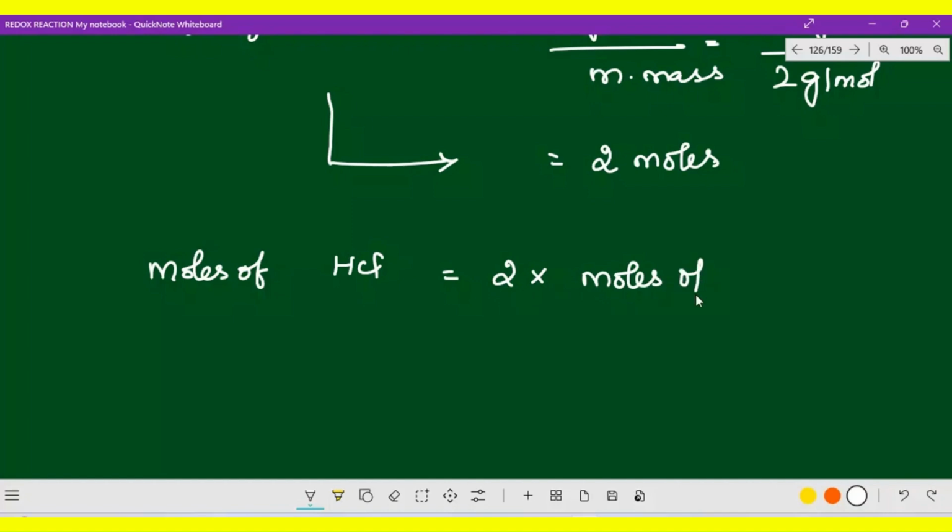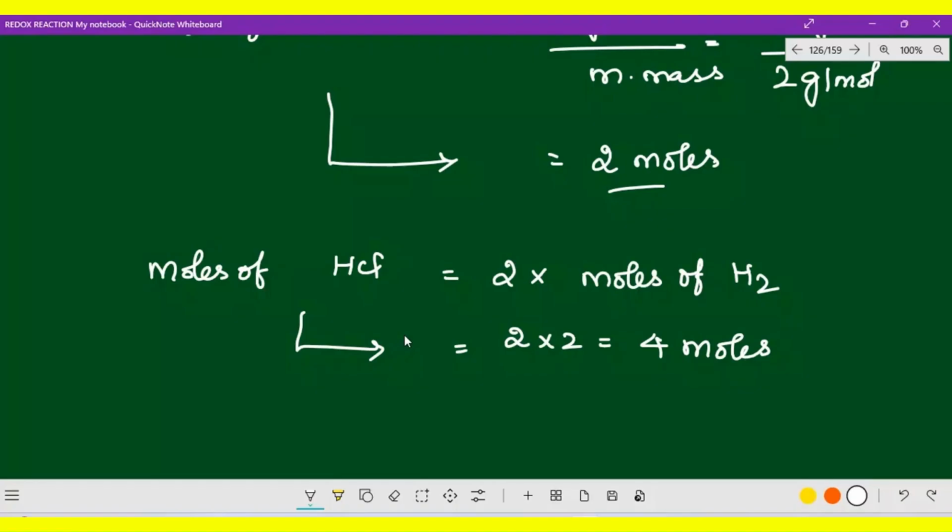According to the balanced equation, 2 moles of HCl are required to liberate 1 mole of hydrogen, and here we calculated 2 moles of hydrogen. So altogether 2 into 2, you will get 4 moles of HCl.